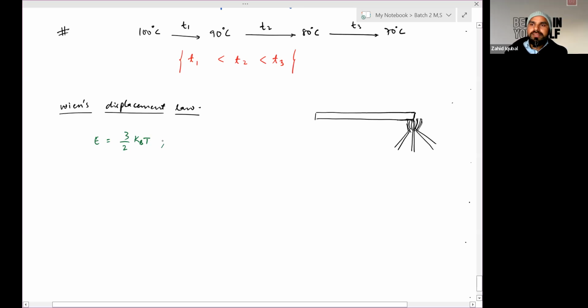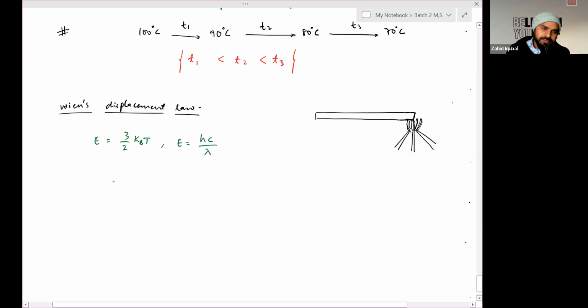On the basis of which, it will tend to radiate electromagnetic radiation, in the form of photons. So the energy of a photon will be hc by lambda. You must have learned this formula in chapter 2, structure of atom, for the photoelectric effect in chemistry, where h is Planck's constant, c is the speed of light, and lambda is its wavelength.